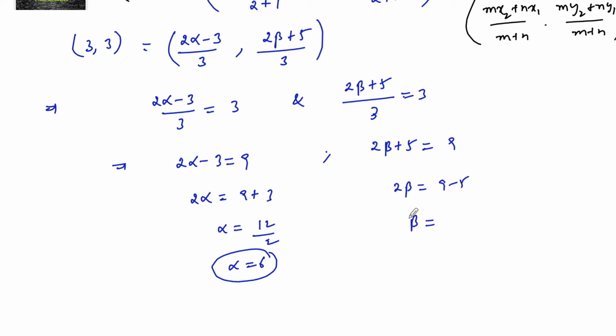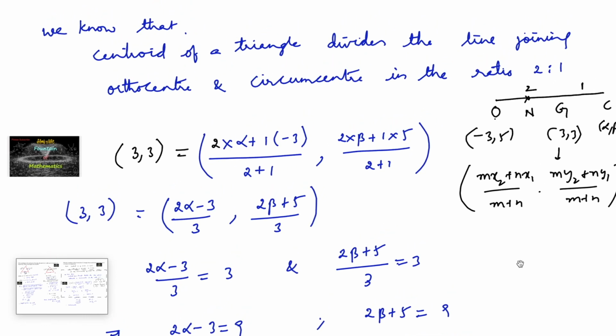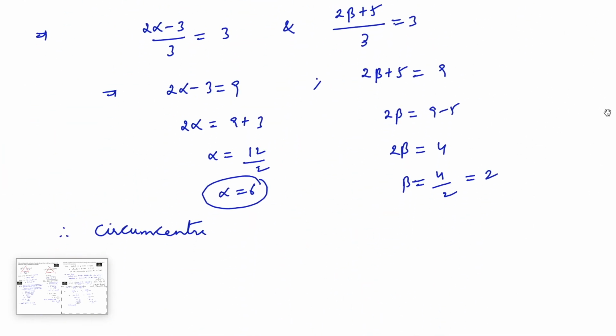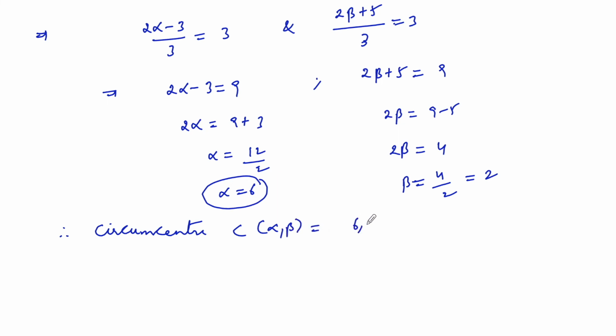So 2 beta is equal to 4, or beta is equal to 4 upon 2, which is equal to 2. Therefore circumcenter C (alpha, beta) is equal to (6, 2). So (6, 2) is the answer, right?